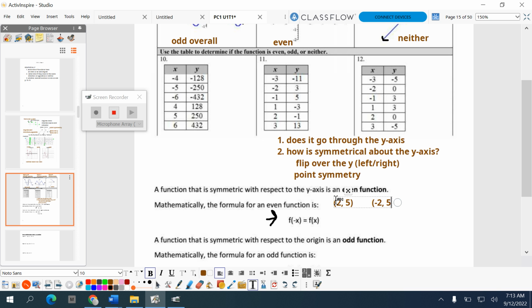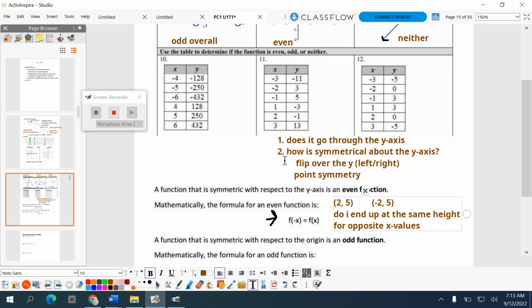So do I end up at the same height? That's your question. For opposite x values, do I end up at the same height? That's what f of -x equals f of x means. Do I end up at the same height?